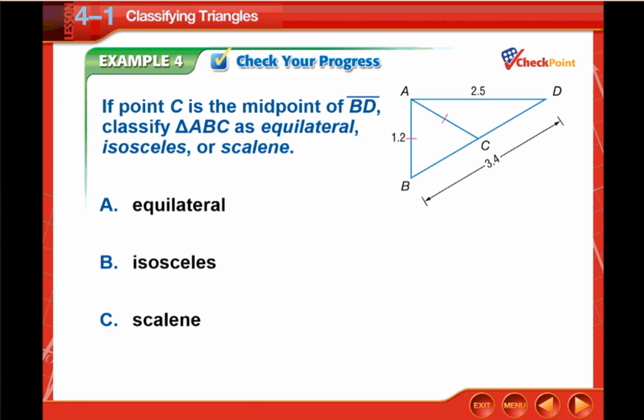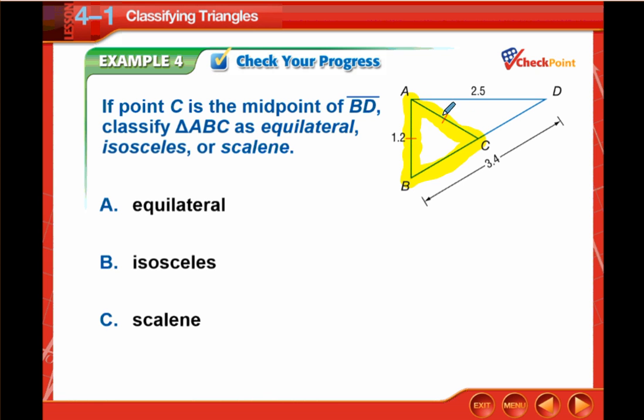Okay, example 4, if point C is the midpoint of BD, then classify the triangle as equilateral, scalene, or obtuse. We want to classify triangle ABC. So triangle ABC, this triangle here. Now if we look at our diagram, we have two segments marked as being congruent to each other already.